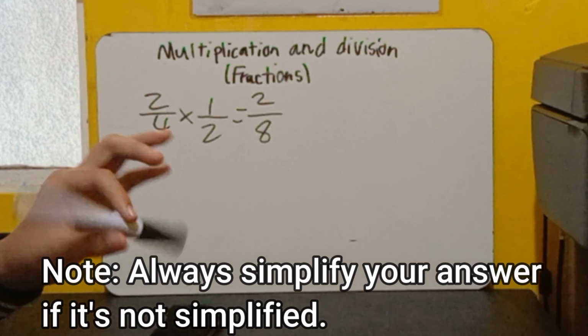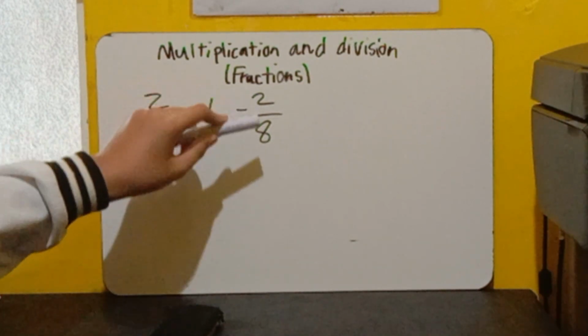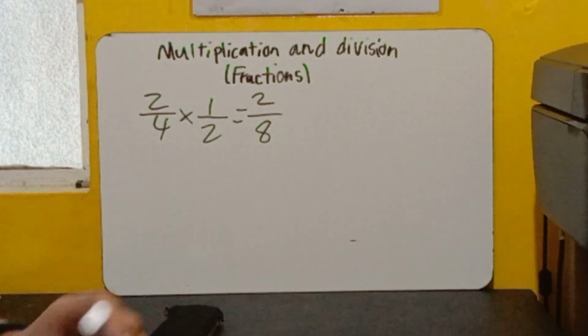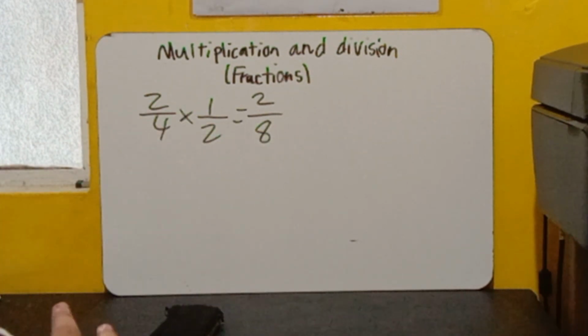But always remember, always simplify your answers when they are not simplified. You see here, 2 over 8 is not simplified yet because they're both divisible by 2.